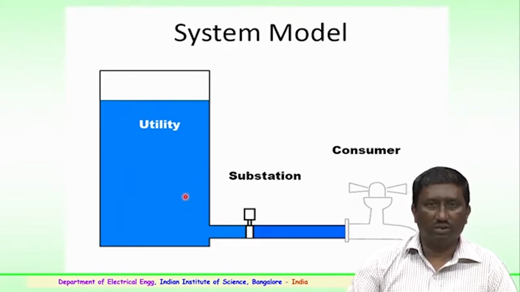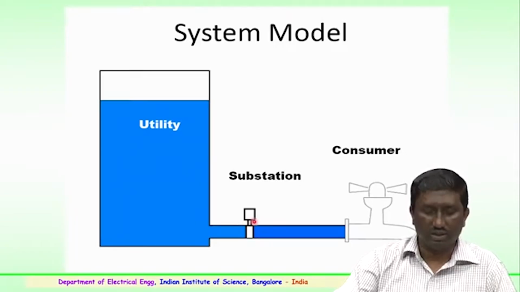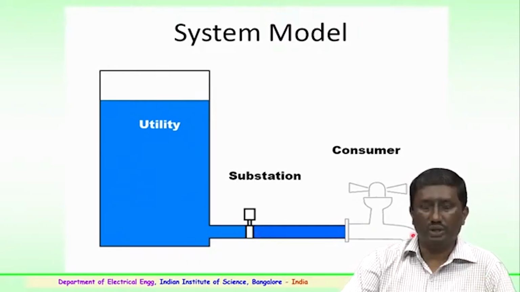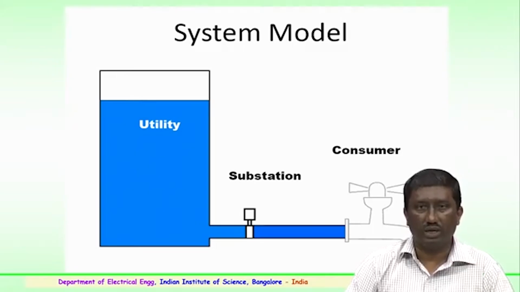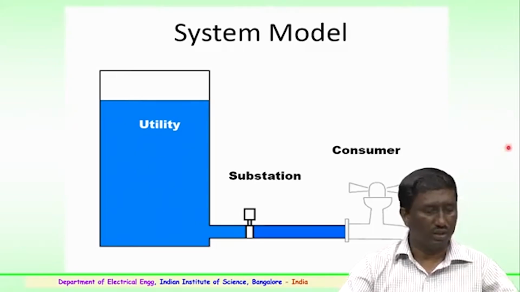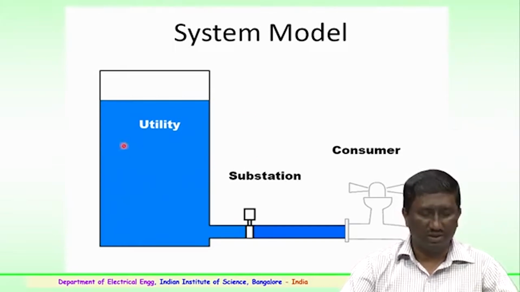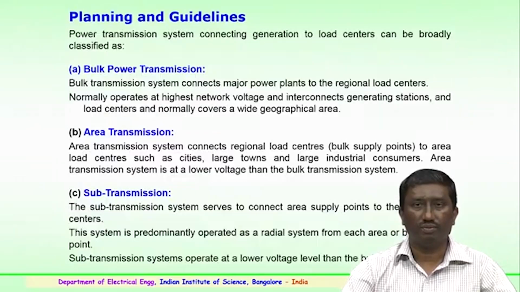From the transmission system, as mentioned earlier, we have a distribution substation network, a substation where the voltage levels are stepped down from the very high voltage levels and fed to the customer as per the requirement, either industrial loads, agriculture or domestic loads. This is just a system model representation of the transmission and distribution reaching the consumer levels.